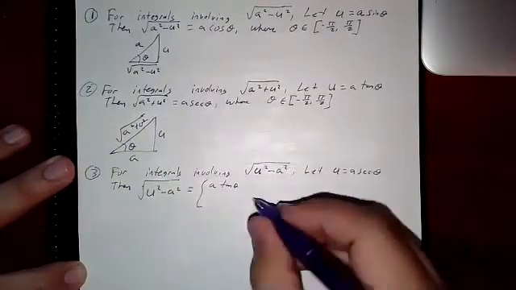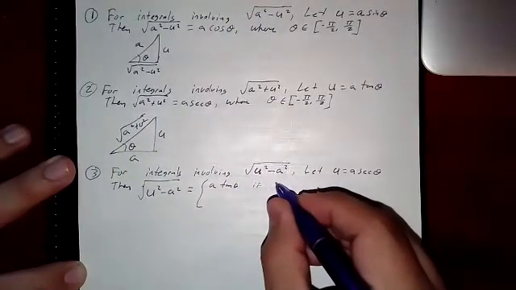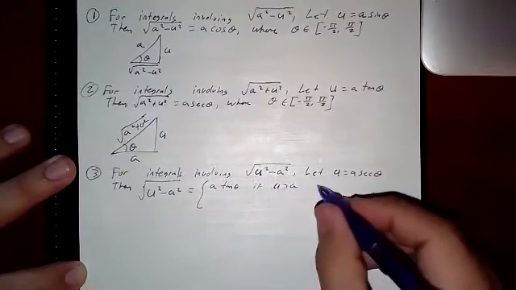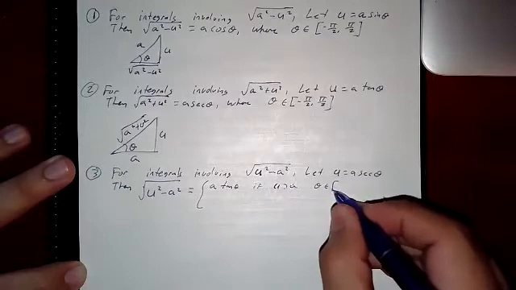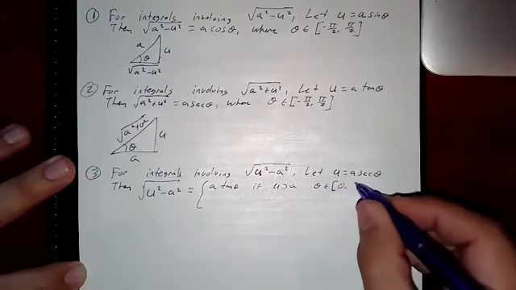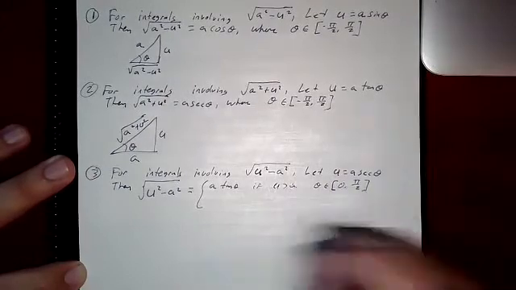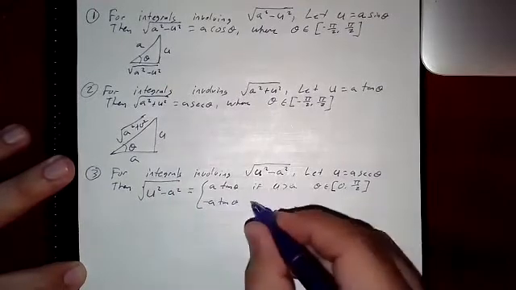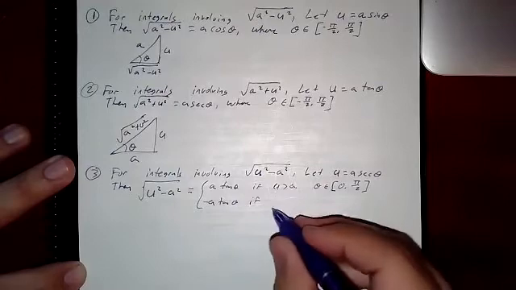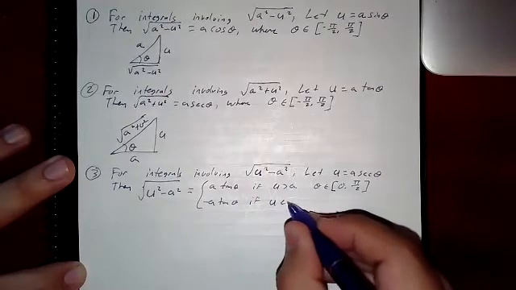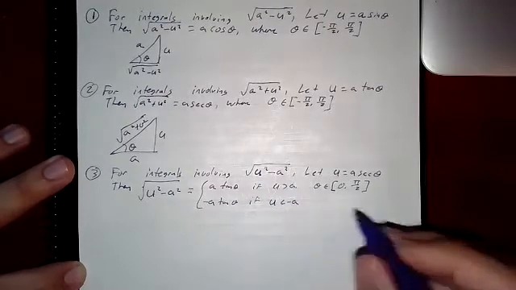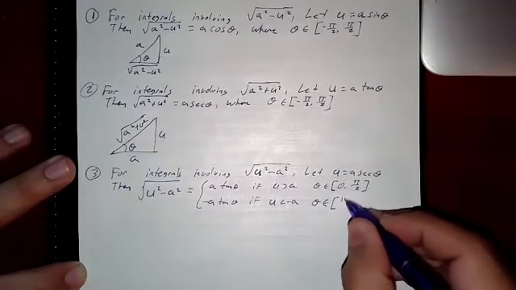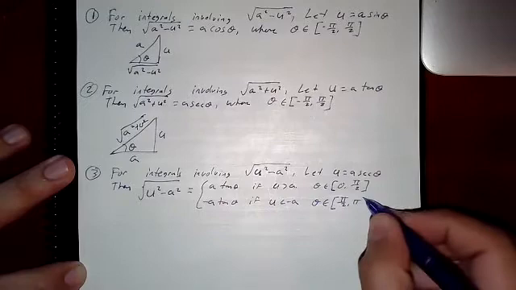A tangent theta if u is greater than a, and then theta would be an element of 0 to pi over 2, or negative a tangent of theta if u is less than negative a, and theta would be an element of pi over 2 to pi.